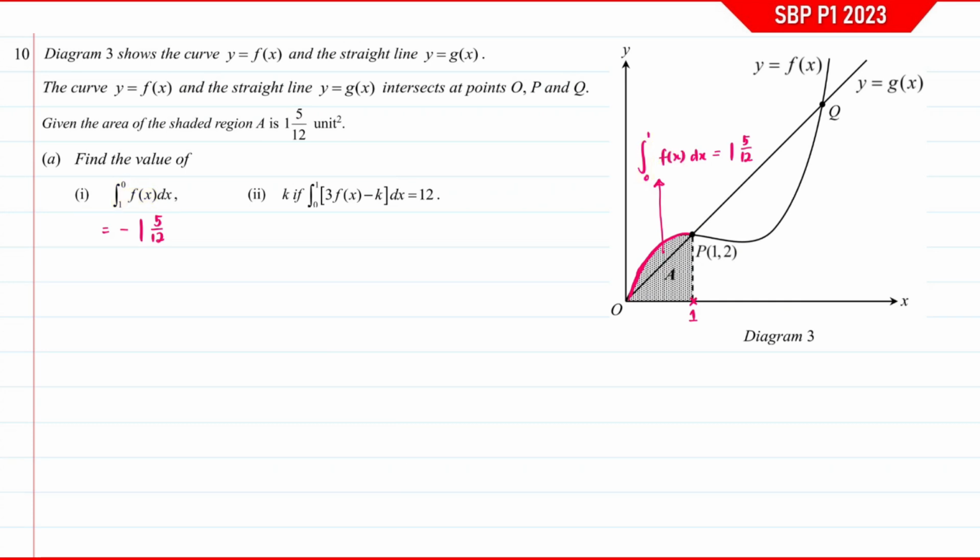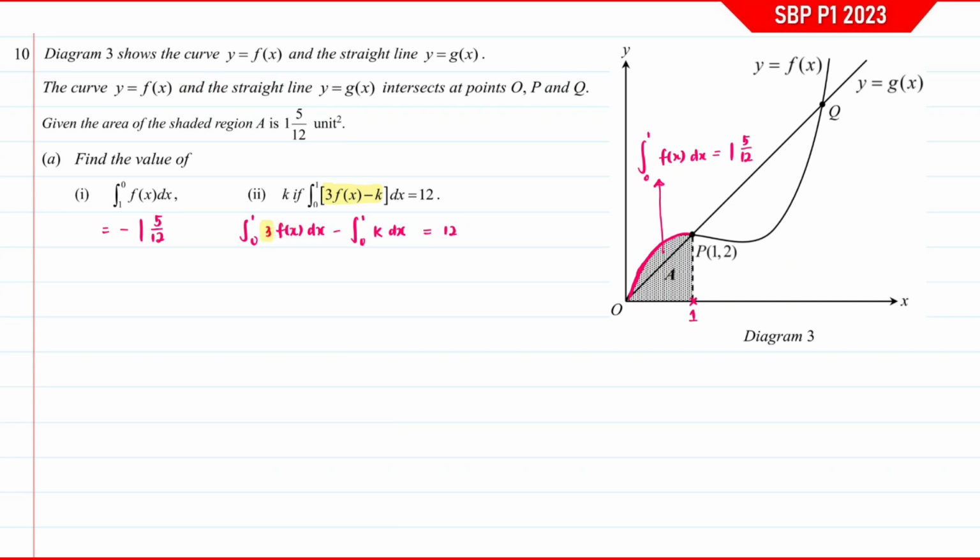For question number 2, we're going to find the value of k. So first, we're going to split this. So it will be the integral from 1 to 0 of 3f(x) with respect to x minus the integral from 1 to 0 of k with respect to x, and this is equal to 12.